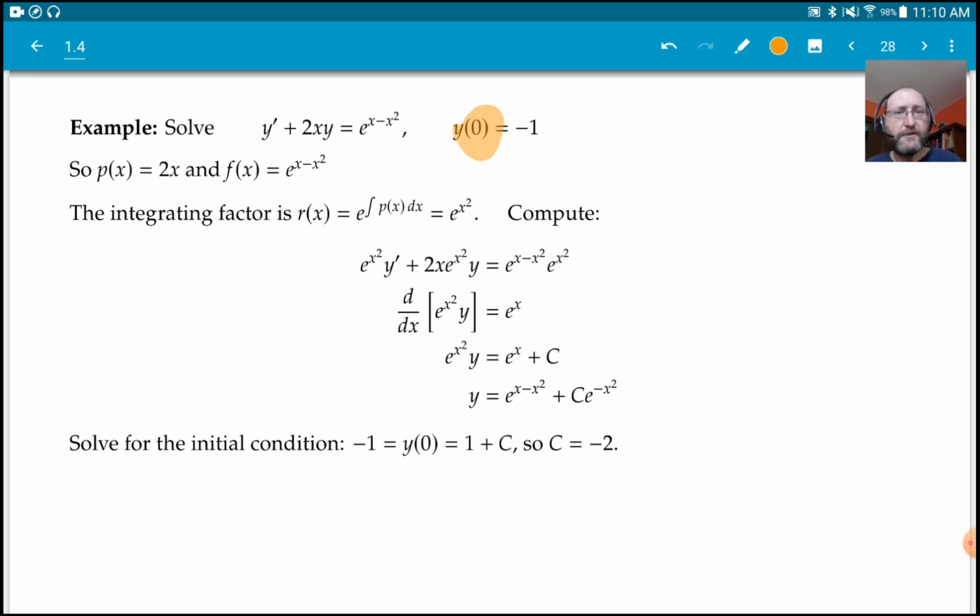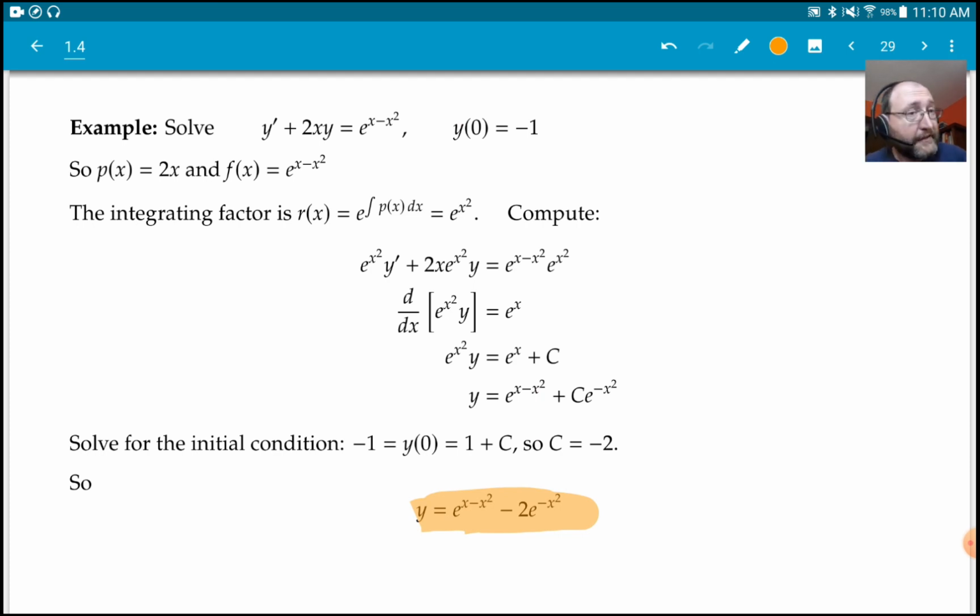So you plug in 0, and it's supposed to be minus 1. When you plug in 0 for x here, you just get 1 plus c. So c has to be minus 2. Okay, so c is minus 2, so that's our solution.